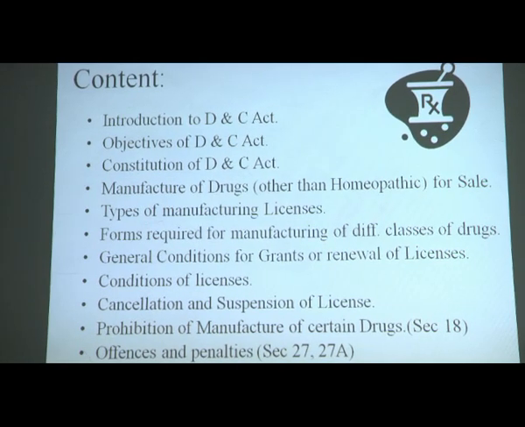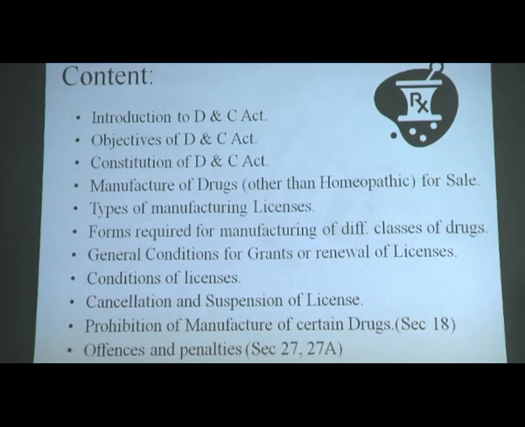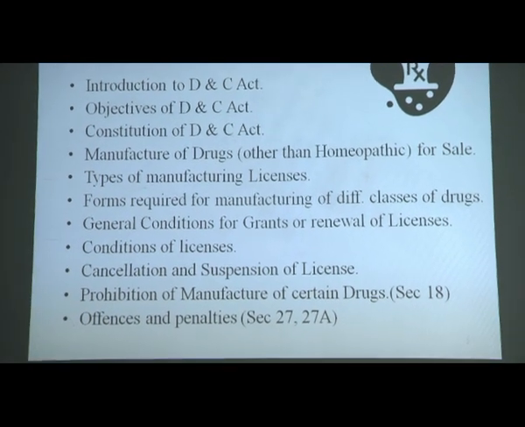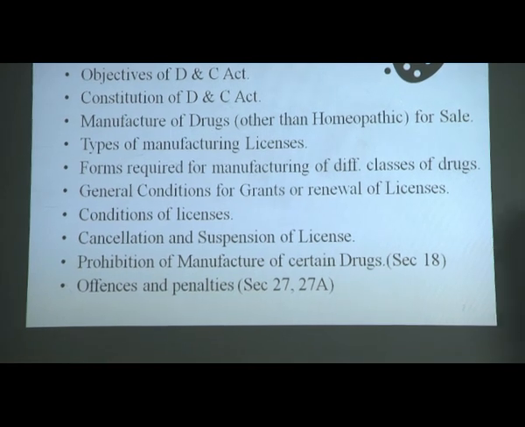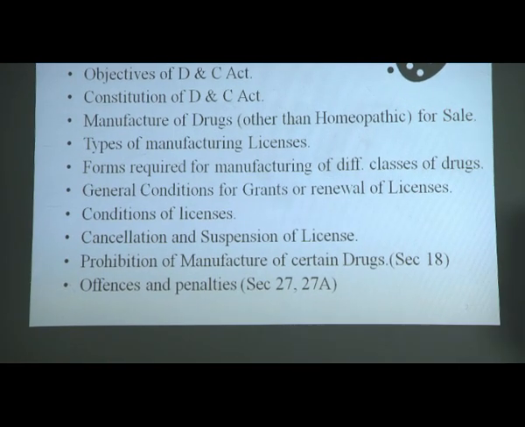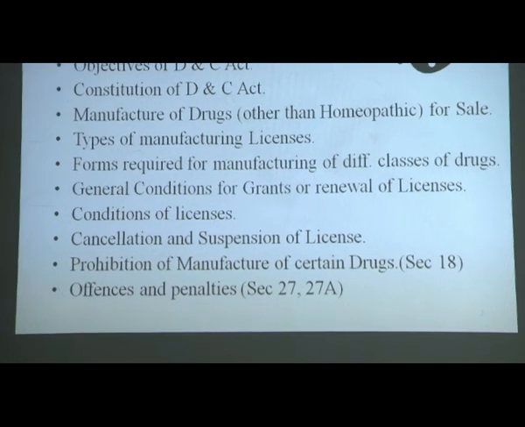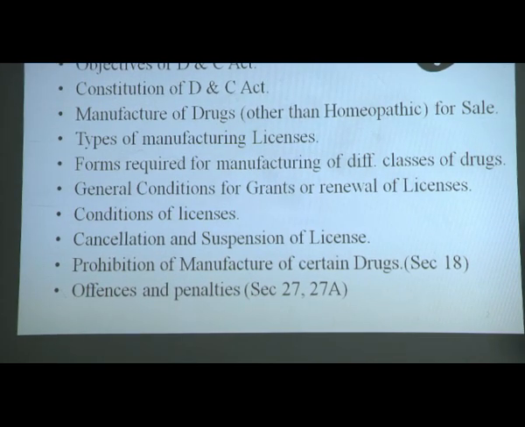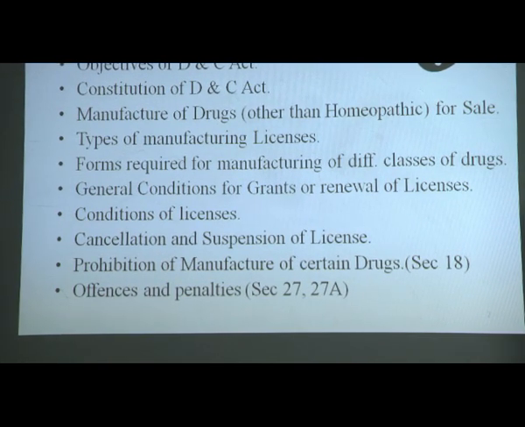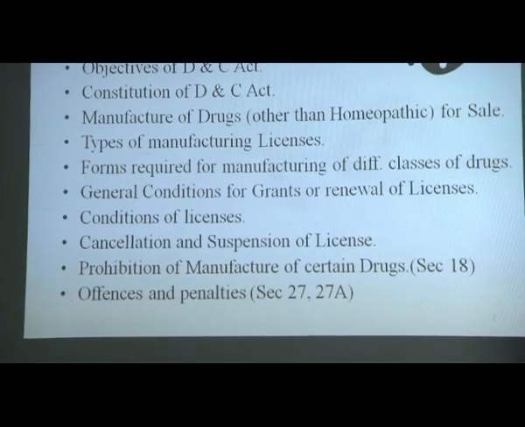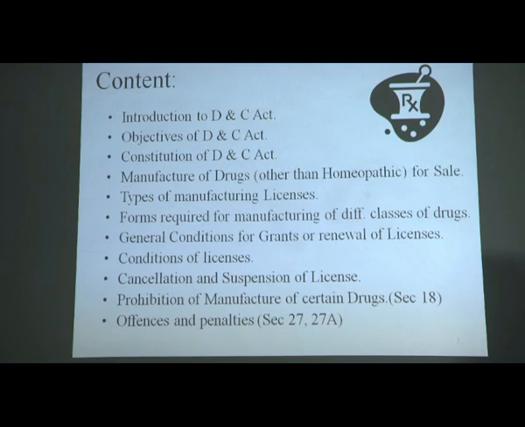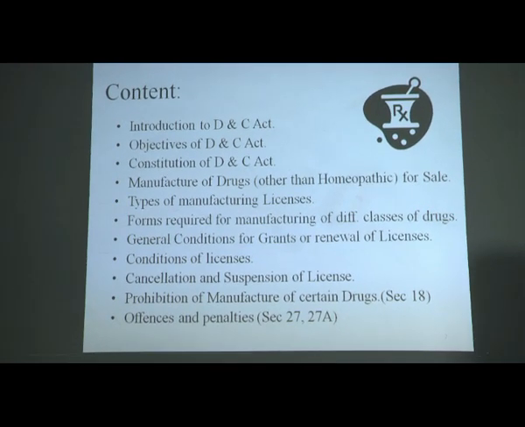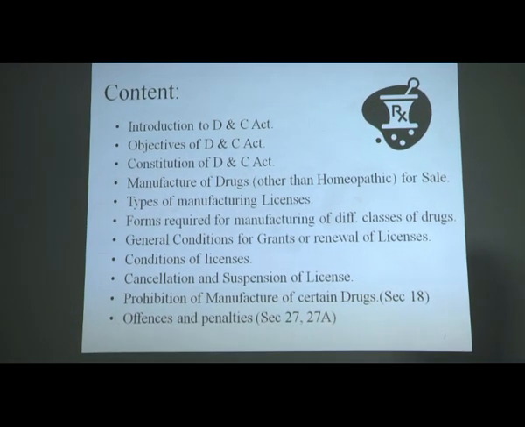Then general conditions for grant or renewal of licenses, then conditions of licenses in the rules. Then cancellation and suspension of the license and prohibition of manufacturing of certain classes of drugs. Then lastly, the offenses and penalties under the D&C Act regarding the manufacturing of drugs for sale, distribution, and exhibited for sale and distribution.